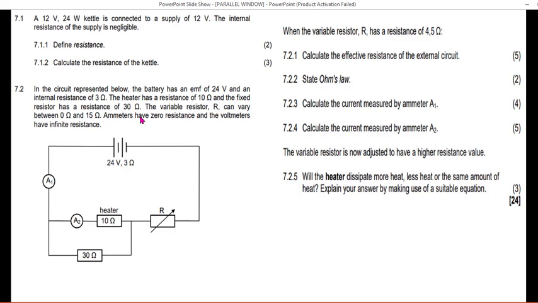Ammeters have 0 resistance, and what it means is that no work is done or no voltage is dropped at the ammeter. And the voltmeters have infinite resistance. That means they have very high resistance, which means that current does not go through the voltmeter.